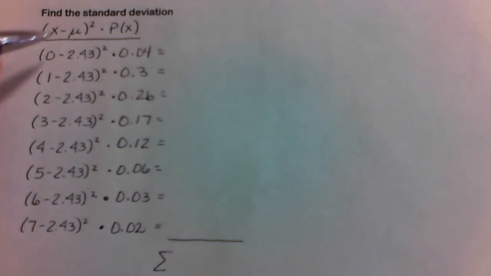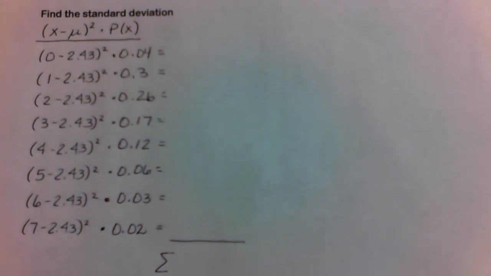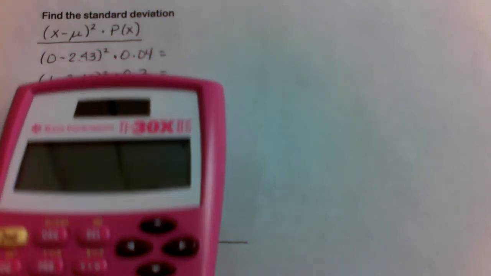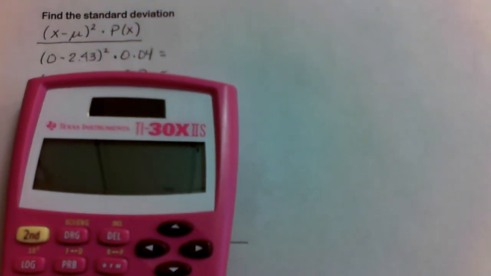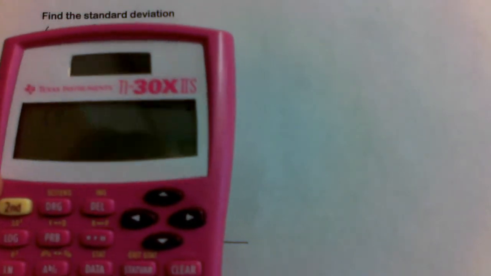So what I've done is I've already here's all my x's. So here is my x minus mu, and notice mu is what we just calculated. You square that, and then you take times 0.04. Now, you can put all of this, or each individual one, on your calculator. So what I'm going to do is open parentheses, zero minus 2.43, close parentheses.